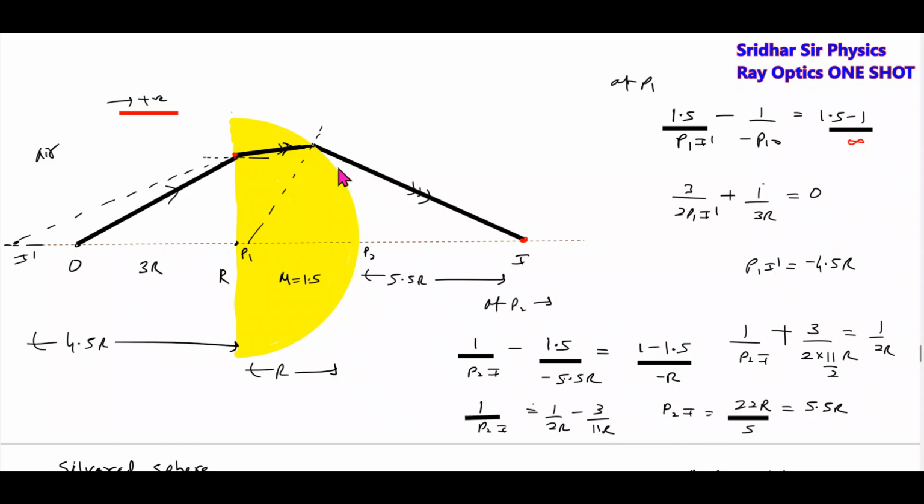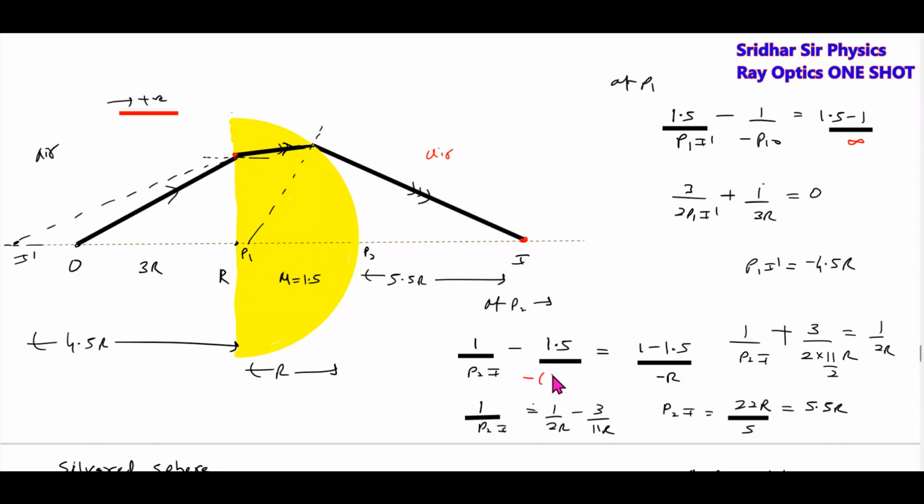Again, the refraction at the curved surface P2: the refracted ray is present in air, refractive index 1, by P2I. The incident ray, this will become the incident ray, is present in the denser medium, 1.5. Then at what distance is the I dash? P2I dash is how much? Equal to R plus 4.5R, minus of 5.5R. Now how has it become 5.5?